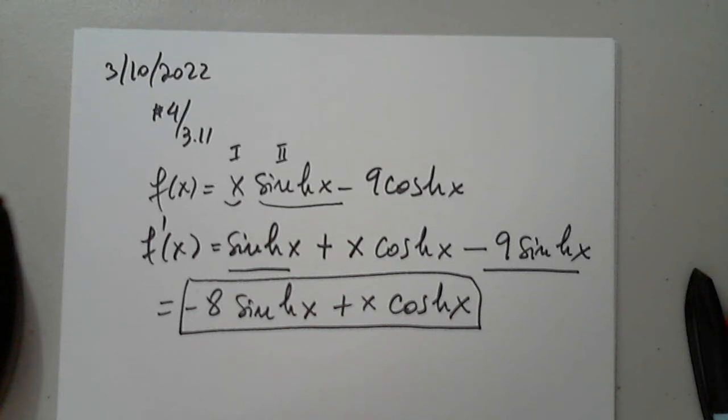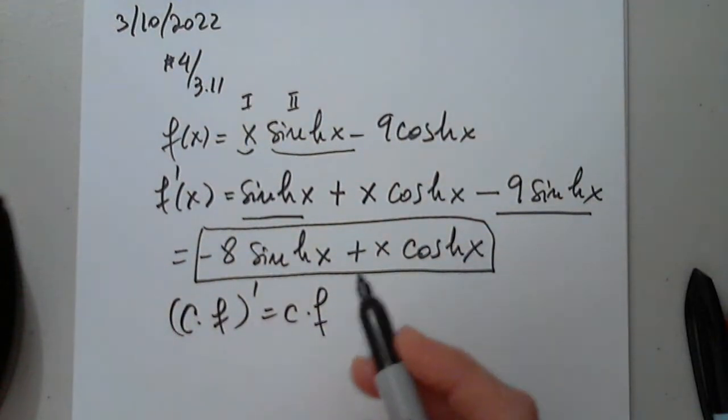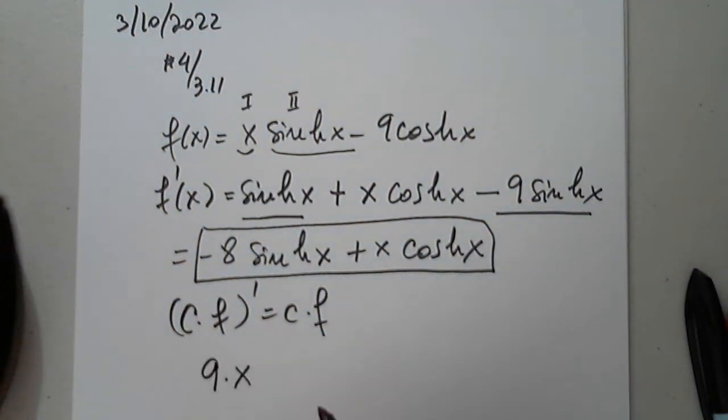So you don't use product rule for like the 9 cosine hx? But don't we have the rule that says a constant times the function prime is the constant times the function prime? But even if you use the product rule on 9 times x, then you have 9 prime is 0, 0 times x plus 9 times x prime, which is 1. So you still get 9.